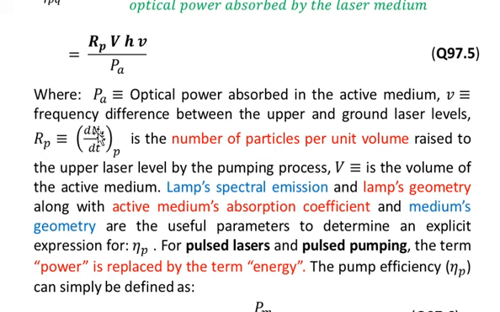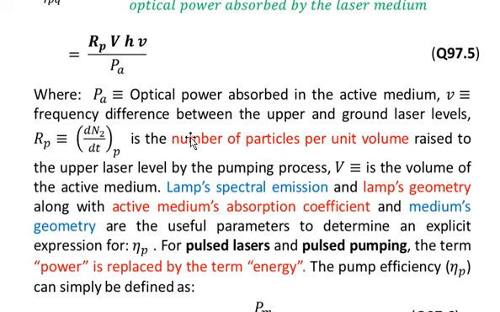So it will increase the population of level 2 with time. And you know that it is the number of particles per unit volume raised to the upper laser level by the pumping process. Since this is the number per unit volume, you will multiply it with the volume, so that it will give you just the number.